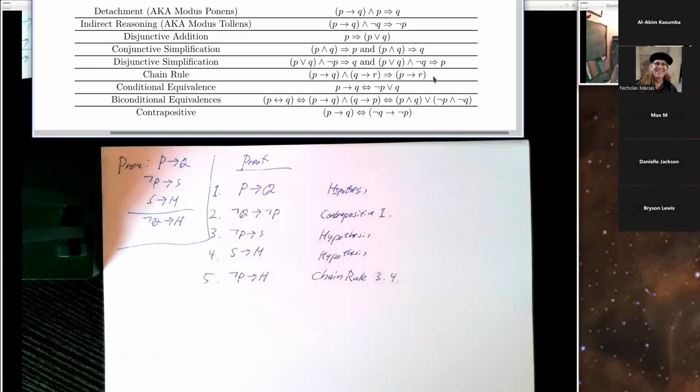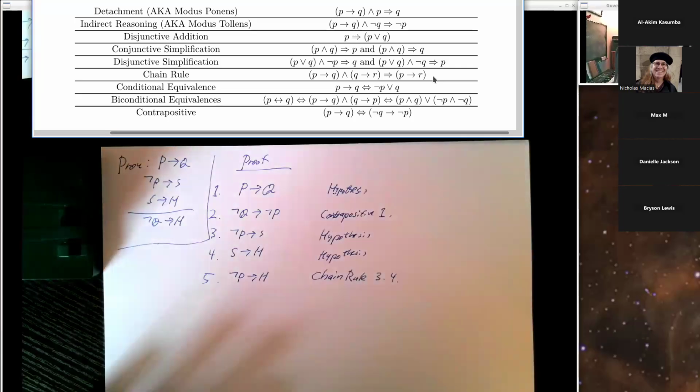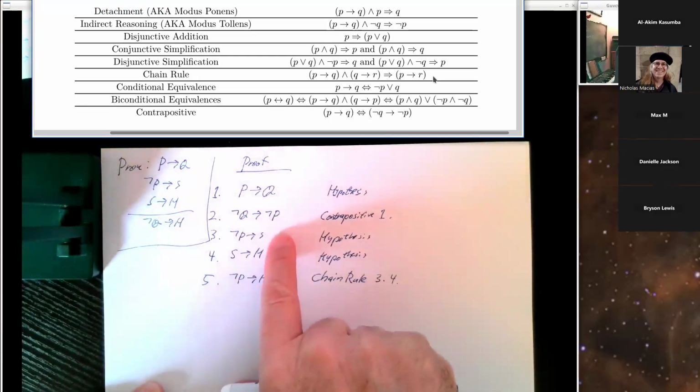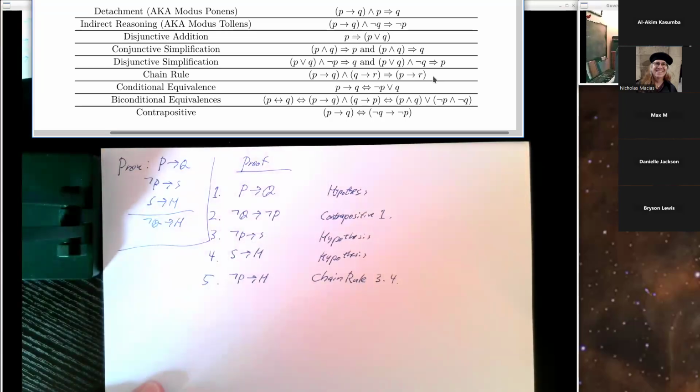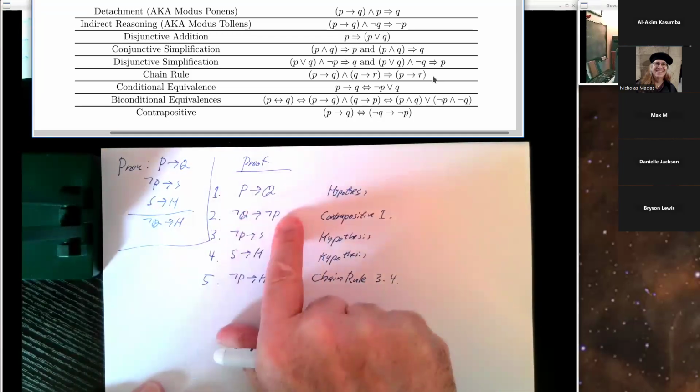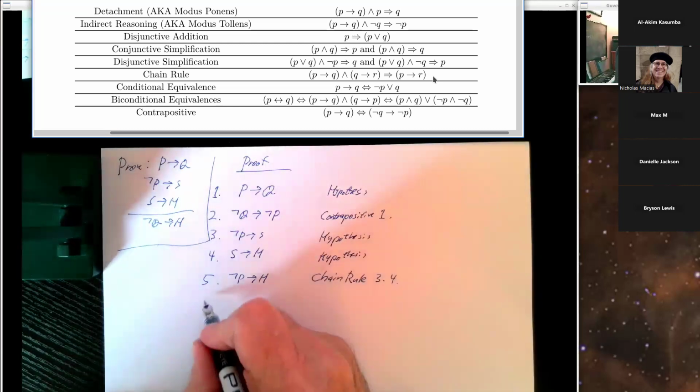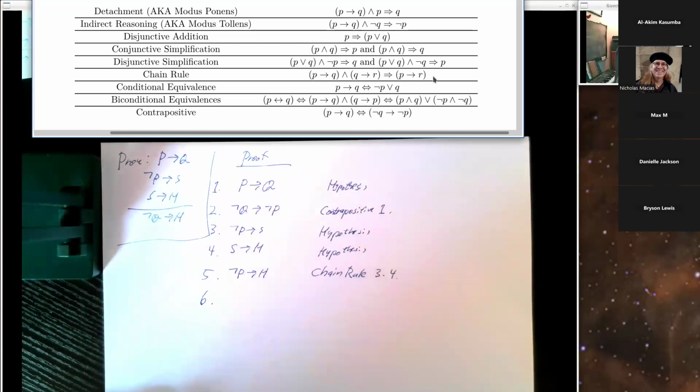Looking at chain rule 2, 3, and 4? Not Q implies not P implies S, S implies H. So we already chained 3 and 4. So yeah, we could put 2 and 5 together. Not Q implies not P implies H. So yeah, we can chain all 3 together, but let's do it 2 at a time.